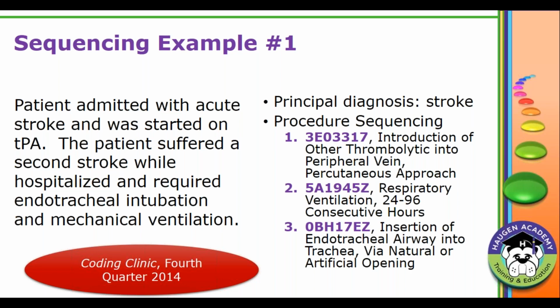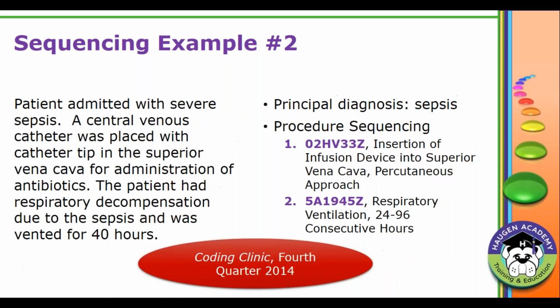And if you're like me, it just feels so uncomfortable that I've got a medical and surgical code in the #3 spot. But really, the procedure that was performed for definitive treatment on this patient was the administration of the TPA for the stroke, which was the principal diagnosis. By the way, if there's a coding clinic reference on any of these slides, I did pull it from that coding clinic.